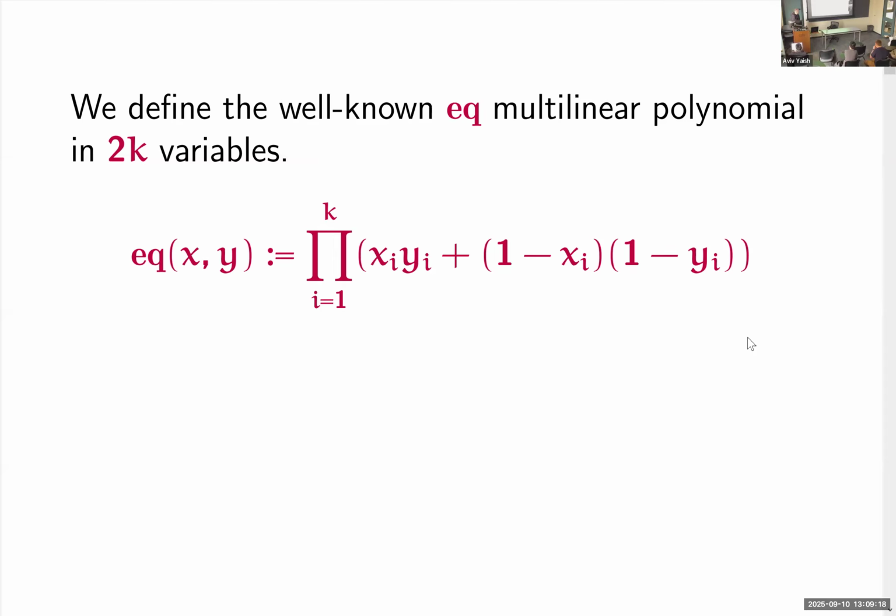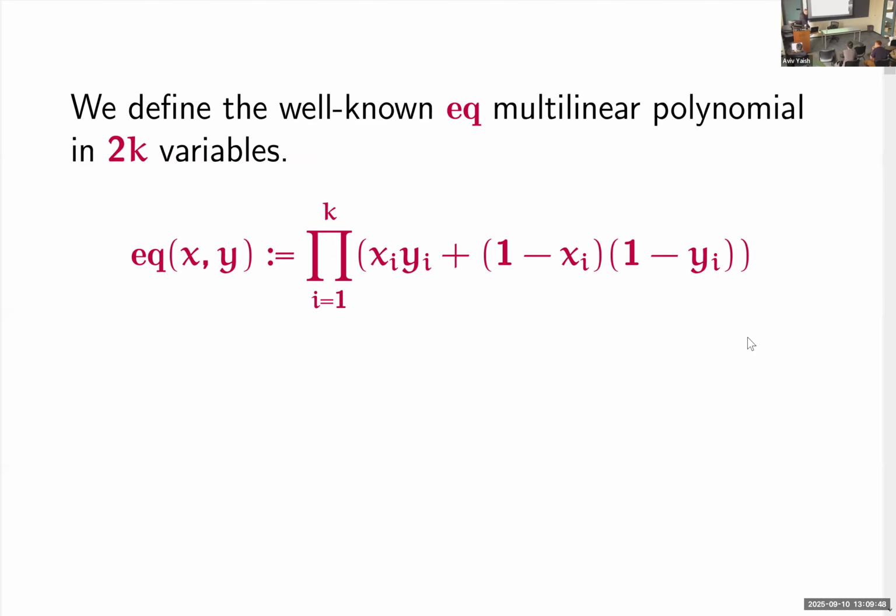So the most well-known useful multilinear polynomial that we will also use is the EQ polynomial, which probably a lot of you have seen. This is a polynomial in 2k variables, defined like this. It's a product of these functions on the i-th coordinate of x and y. We think of our input as x and y.